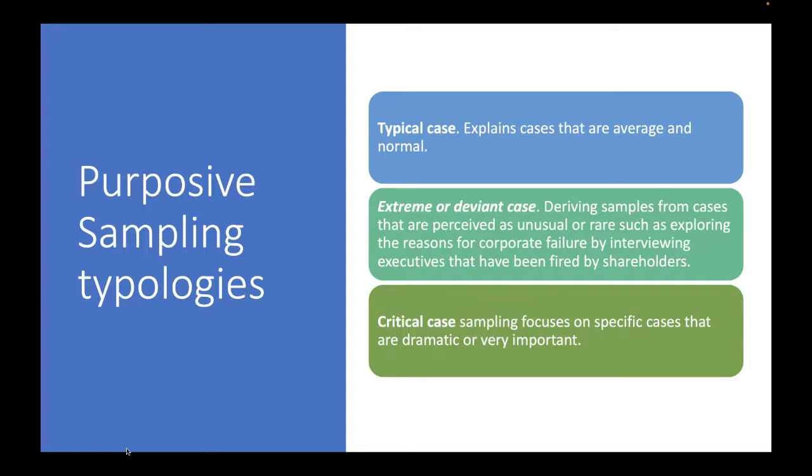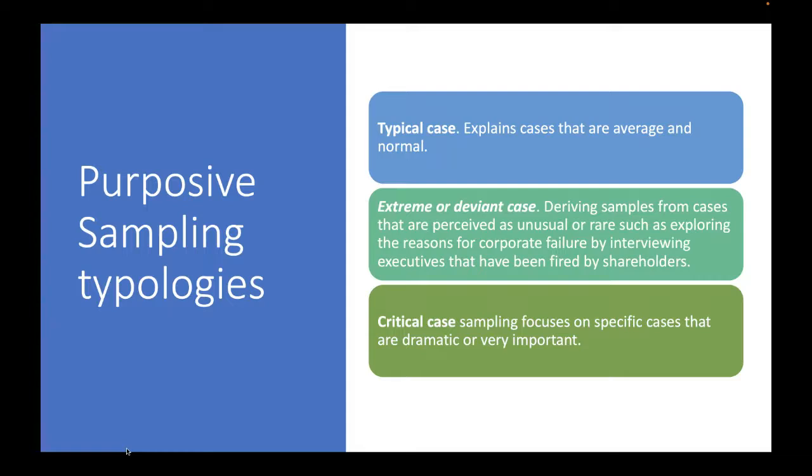Then there's something that people call critical case sampling. So if you were still looking at prisoners, but you had prisoners that had very dramatic prison experiences, either they were imprisoned and they were found to not be guilty, or they were in prison and they killed a prison officer, that makes them very dramatic and very standout.